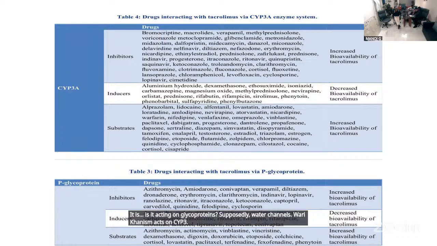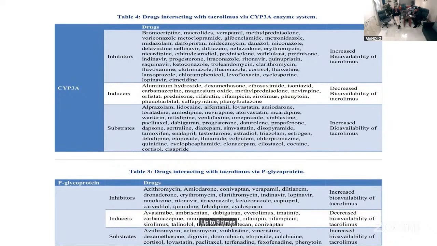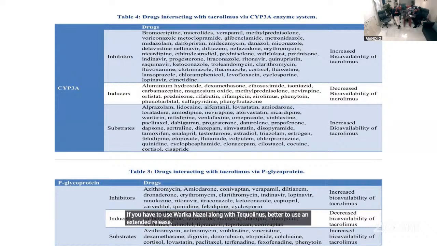We usually avoid giving voriconazole along with tacrolimus because we know that the level can increase up to 9 times. But if you have to use voriconazole along with tacrolimus, it is better to use an extended release tablet, which is less dependent upon CYP3A for its absorption.